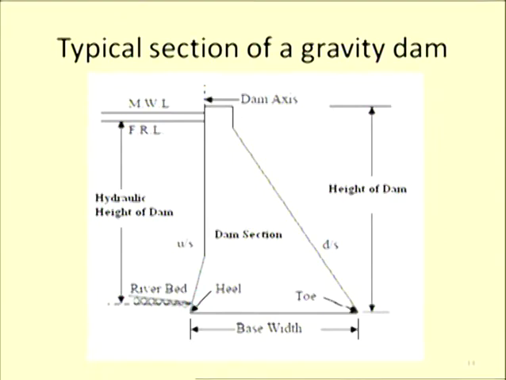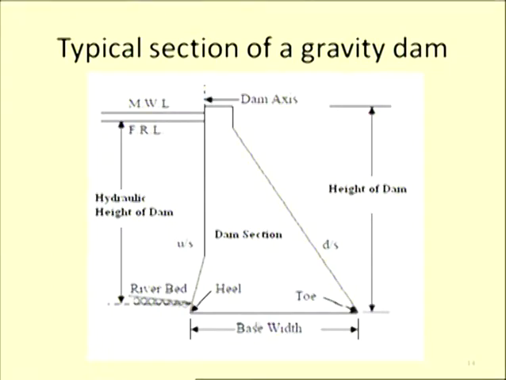You look at that, on the top there is a width, and then it is almost straight on the upstream side, where water is there. Then on the downstream side it is slanting. On the upstream side, on the bottom, the corner point is the heel, and on the right side there is a toe.